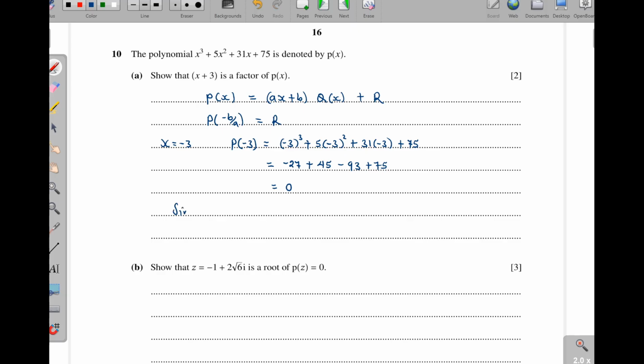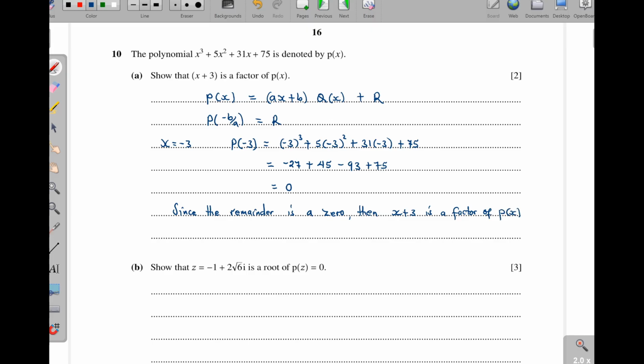So I can actually conclude and say since the remainder is a 0, then x plus 3 is a factor of p of x.